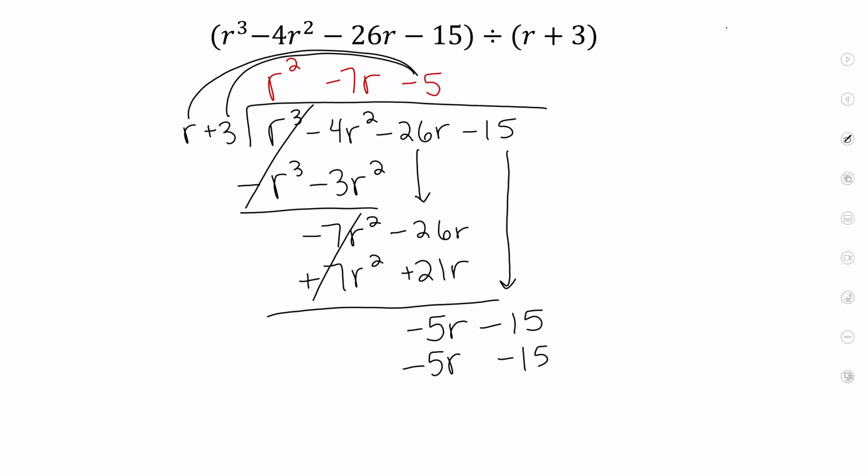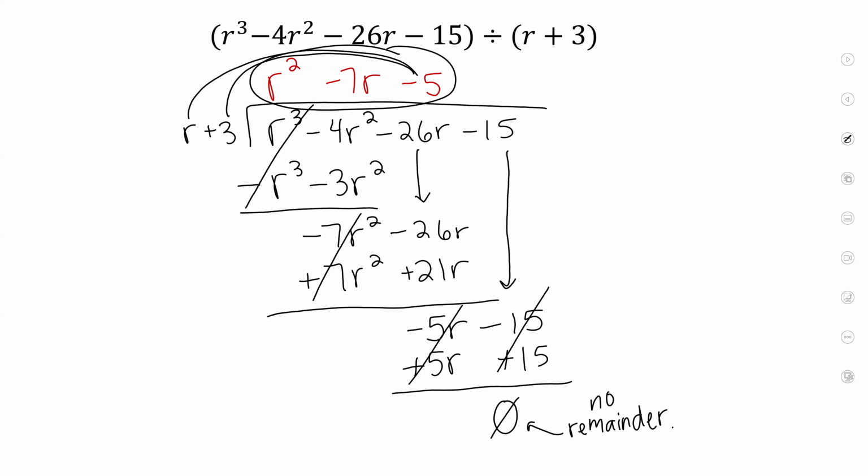After this step, what do we do? Change the sign. Those canceled, those canceled. I have no remainder. I don't have a remainder for this example. So, no remainder. That means my answer is just right here. This is my answer. R squared minus 7R minus 5.